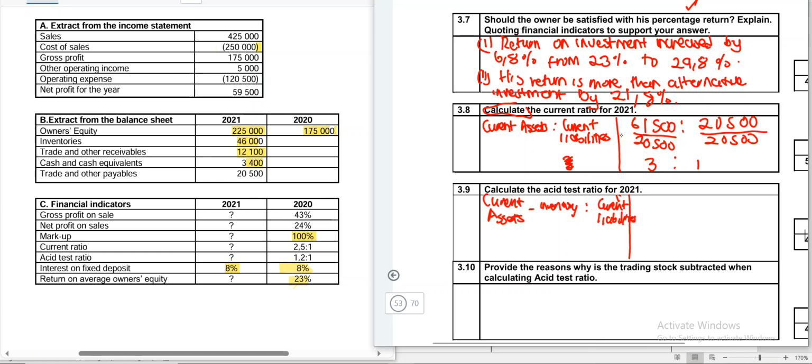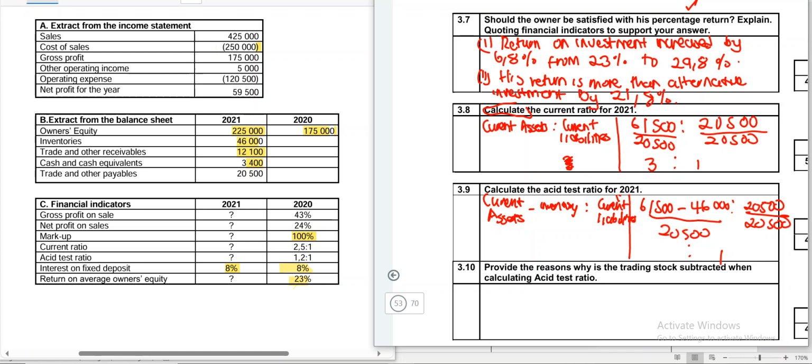Now our current assets, remember, it was 61,500. So when we subtract inventory from this, it means we will subtract 46,000, and then we are comparing this to 20,500. Even this side we will divide by 20,500, and whatever is on the right hand side, remember I said it's 1.